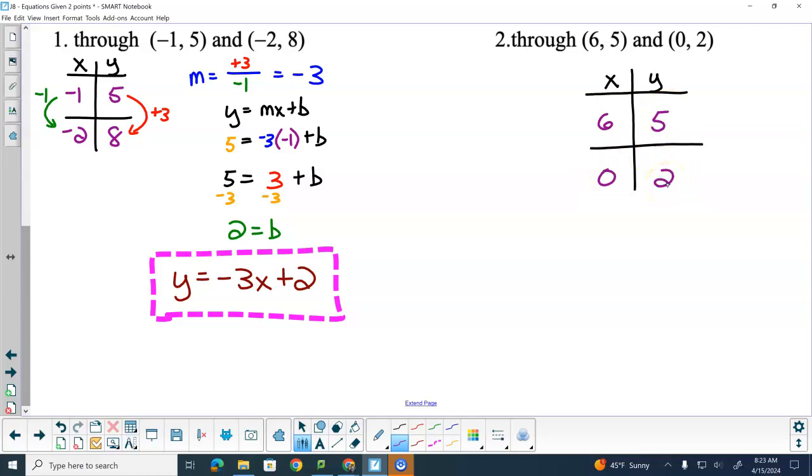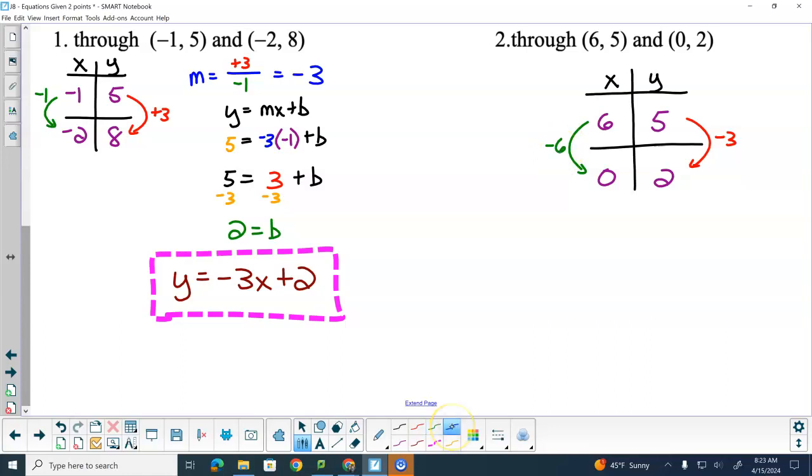Okay? Love it. Izzy, now we need to figure out our change in lines, right? 5 to 2, -3. Love it. 6 to 0, they're changing our x. -6. Love it.